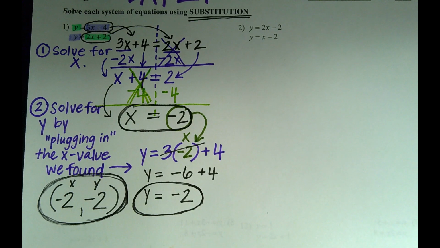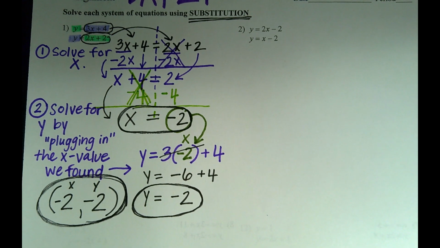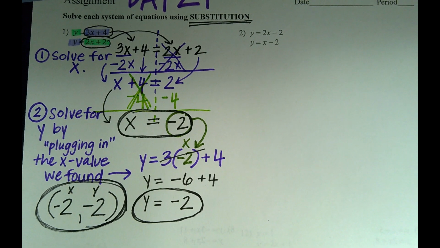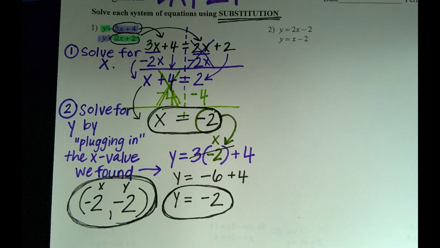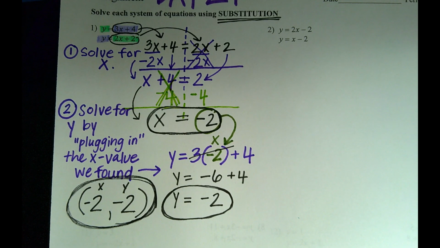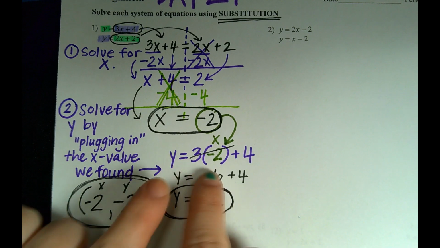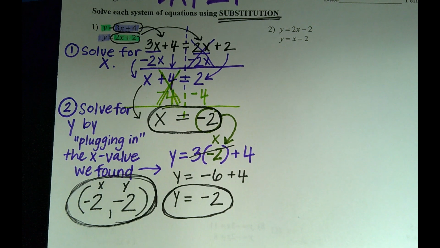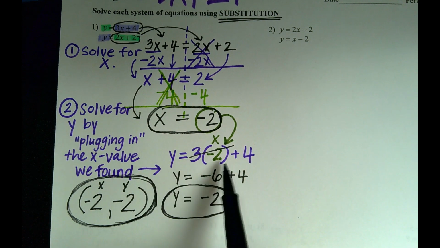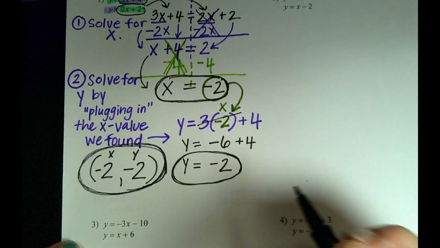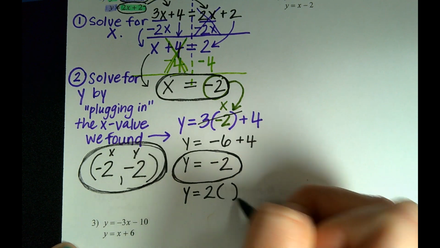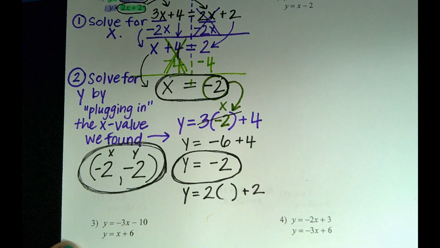Are we ready to do number 2? Or do we have any questions before number 2? I do. So either 4 for the y. Yes, absolutely. You can use either of the equations to solve for y. So like if I wanted to, instead of 3x plus 4, I could have done y equals 2x plus 2.